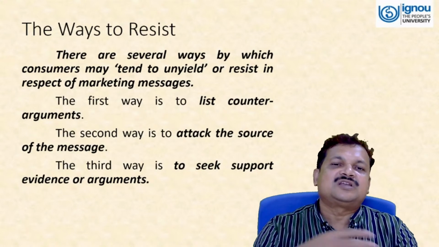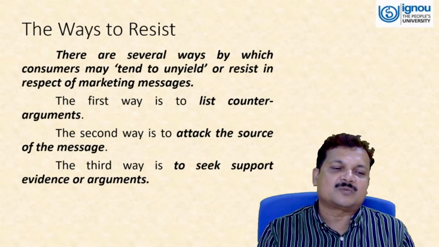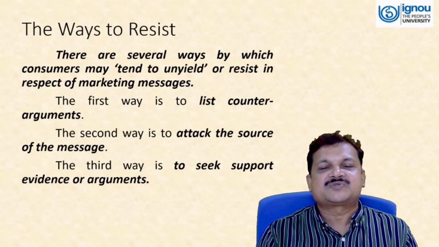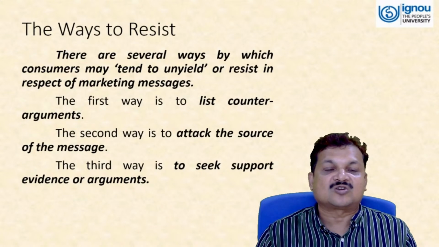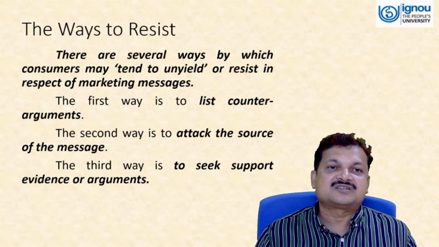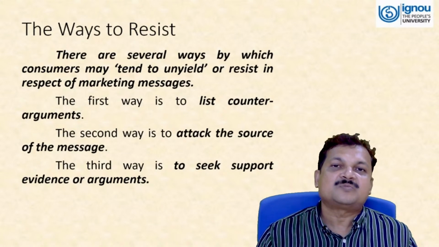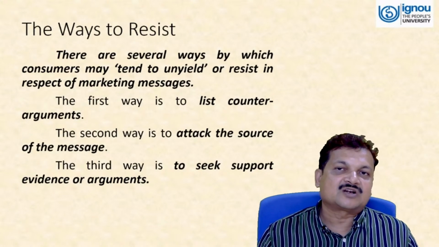So these are the counter arguments that happen. Or in product cases also, if somebody talks more about a particular brand or product, you counter argue too, because you have also purchased products of different brands earlier. So you are arguing on that also.